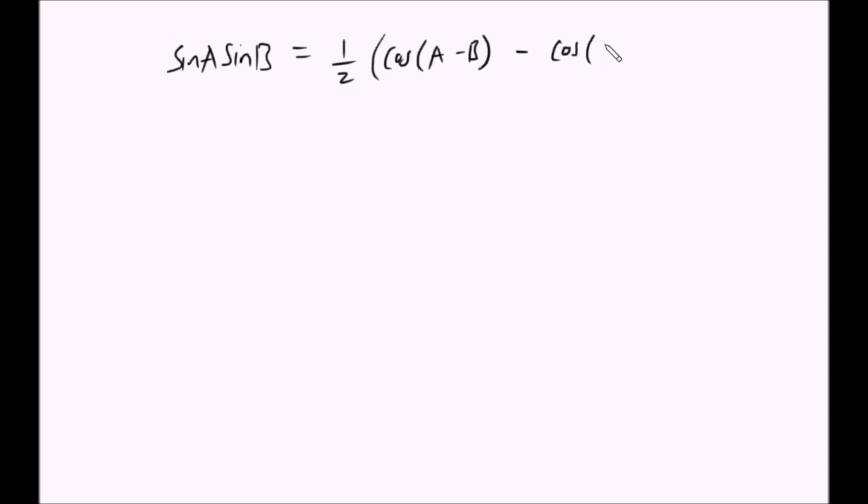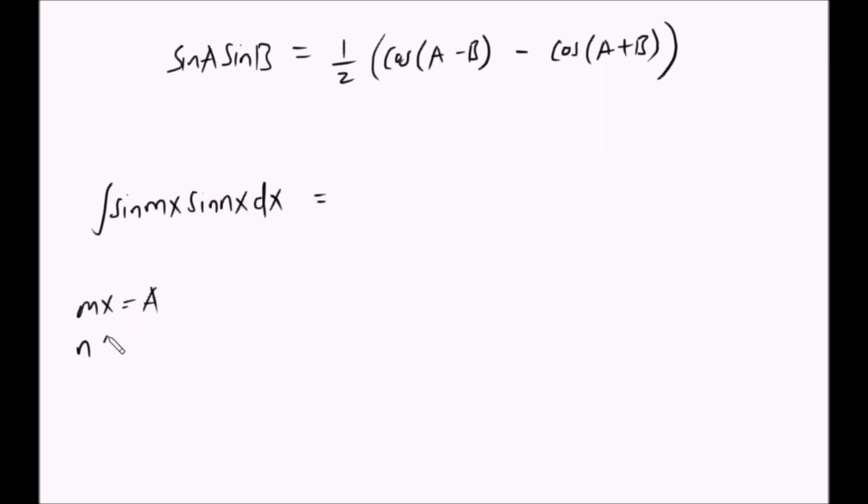We have reached here: sin A sin B from the trig we learned in Form 4 is 1/2 of cos of A minus B minus cos of A plus B. So now if someone tells me to integrate sin mx sin nx with respect to x, here mx is like A and nx is like B. So m and n are constants, okay?